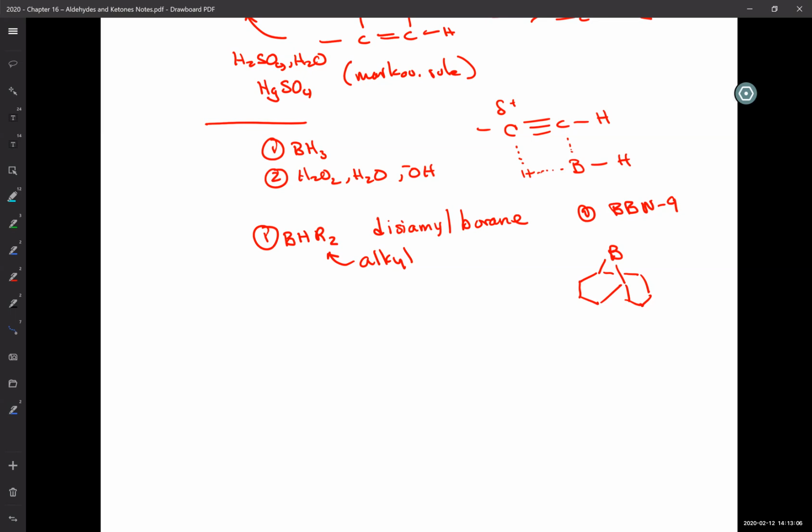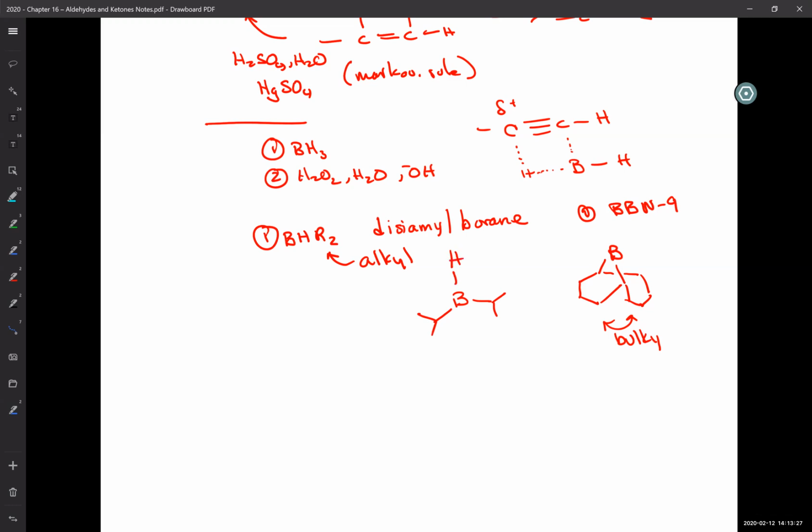Basically, these are big alkyl groups. That's the bulkiness. In disiamyl borane, it looks something like this. They have big R groups along the sides and then hydrogens like this.